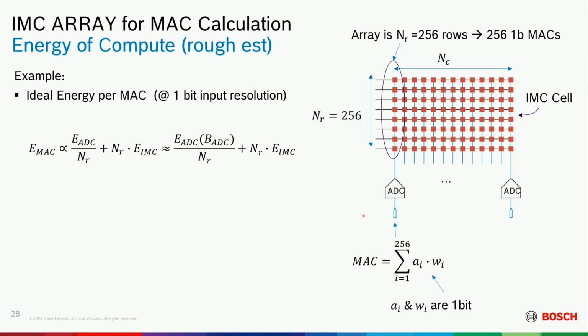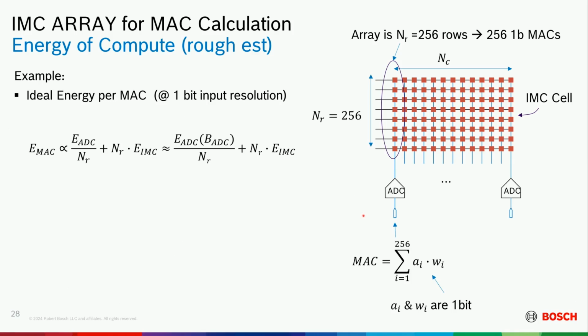Okay, what about energy per compute? One of the big benefits of in-memory compute is that you're amortizing the cost of doing this analog to digital conversion over the number of MACs that you're doing.